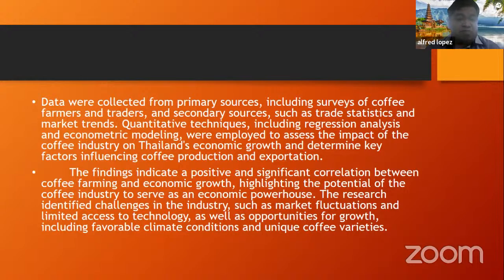The findings indicate a positive and significant correlation between coffee farming and economic growth, highlighting the potential of the coffee industry to serve as an economic powerhouse. The research identified challenges in the industry such as market fluctuations and limited access to technology, as well as opportunities for growth, including favorable climate conditions and unique coffee varieties.